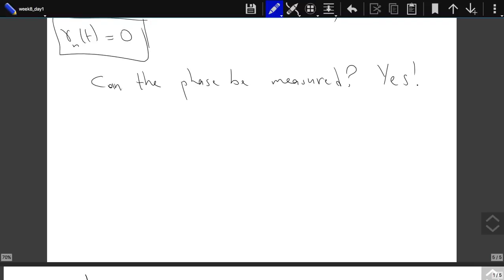Well, you see, if you just have a single wave function, of course you cannot measure the phase. Even the time dependence you cannot really measure. But these parameters can be changing in different regions. So I can be sending an electron beam over a double slit, and I will get this interference pattern.